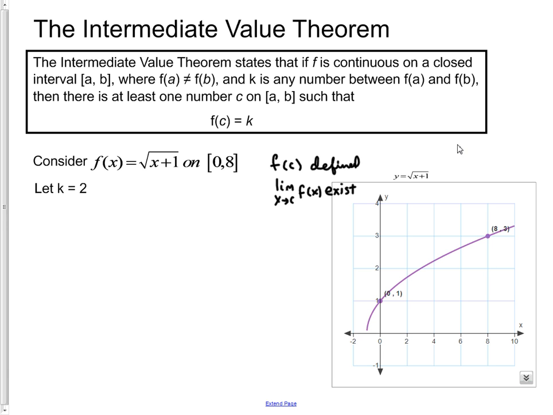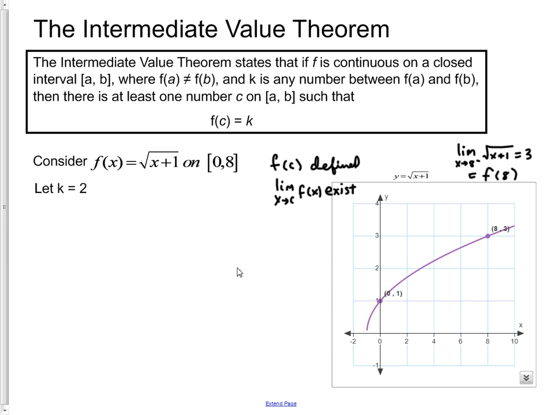For example, as x approaches 8 from the left of the square root of x plus 1, we definitely get 3. And that limit exists and is equal to the value of f of 8.